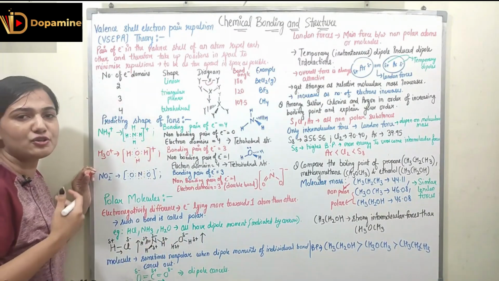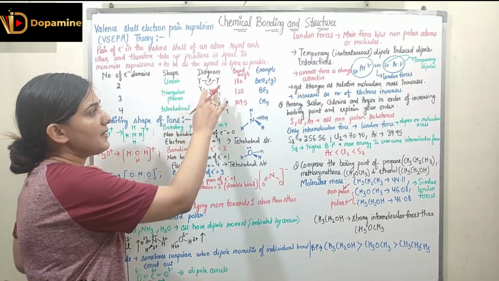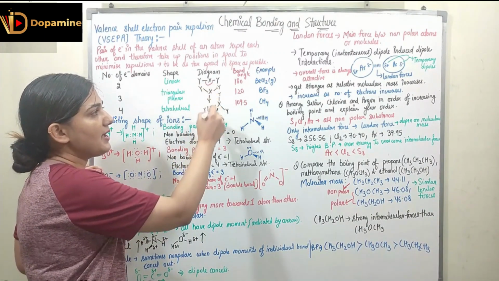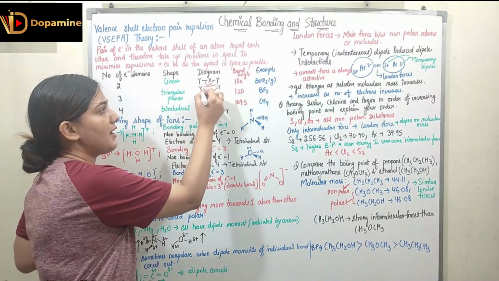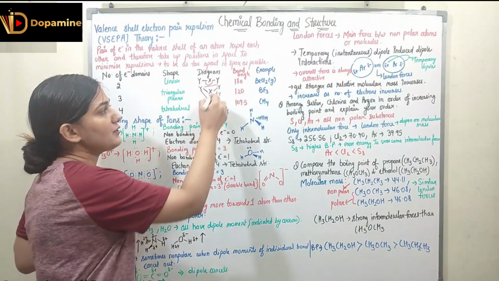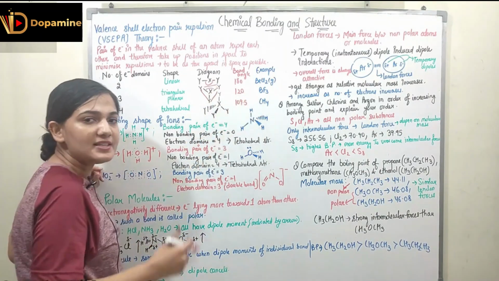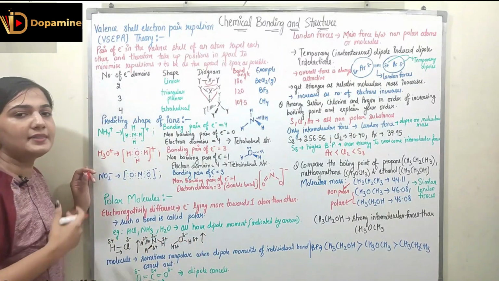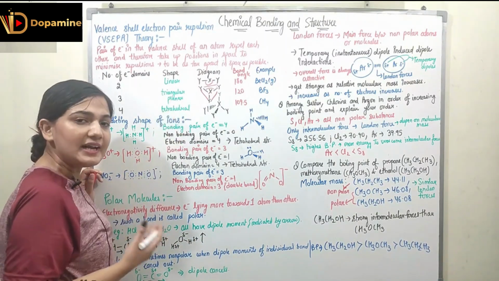Coming to 3 electron domains, it would be a trigonal planar shape. In the triangular plane we have X and Y, Y, which are represented in the form of a triangle. This Y and Y represent a triangle, and it would be an equilateral triangle. So the angle here would be 120 degrees. An example is BF3. Now when the number of electron domains is 4, it has the tetrahedral structure.